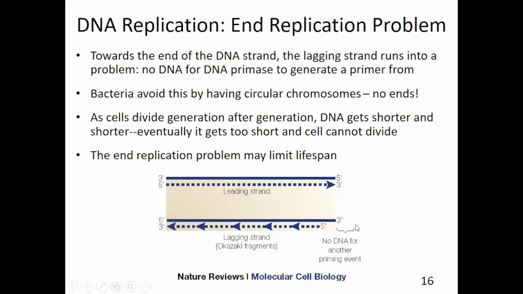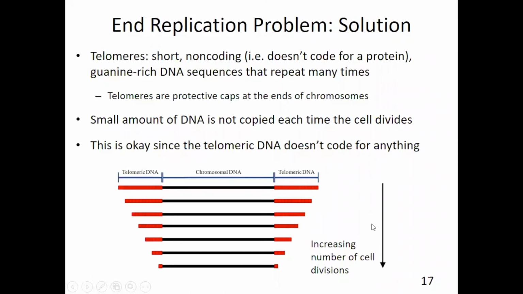At the very end of the replication process, the enzymes are unable to copy this last little bit of the DNA molecule or chromosome. As a result, the chromosomes will get shorter and shorter with each round of replication.